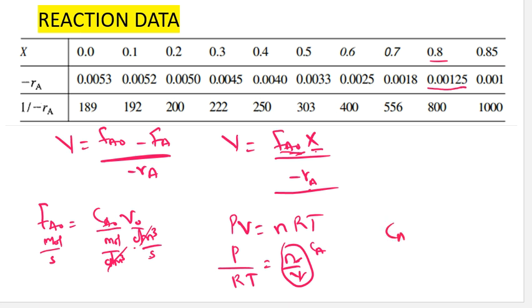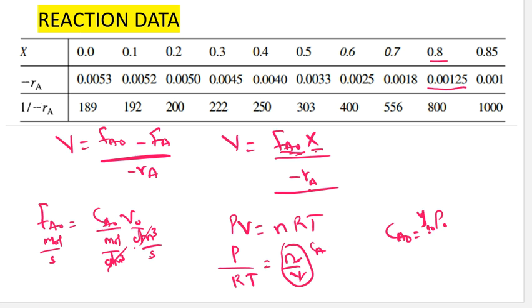So how do we do that? CA naught equals P naught YA naught over RT. We have to multiply P naught by YA naught because the molar fraction of A is 0.5. So it's not completely A. A is there, inert is there.